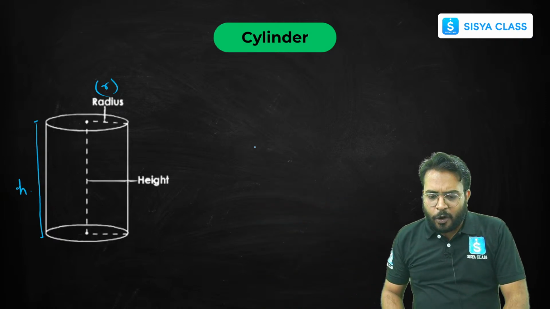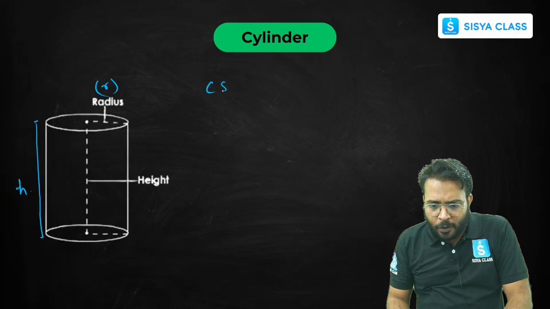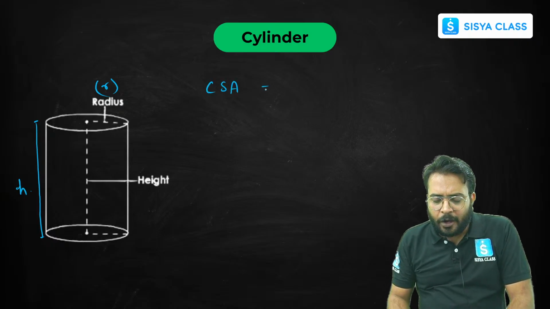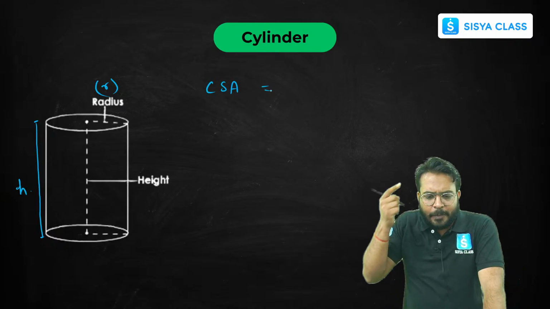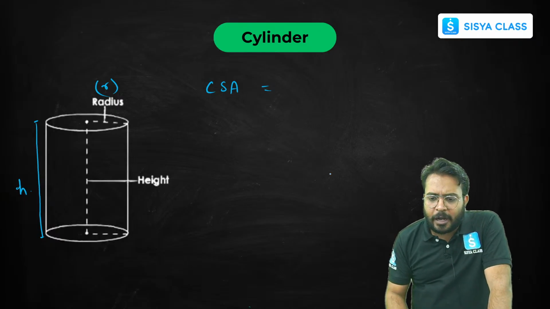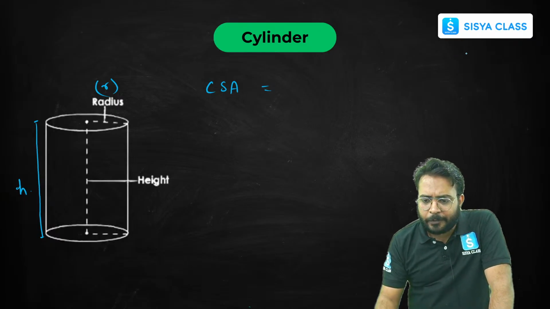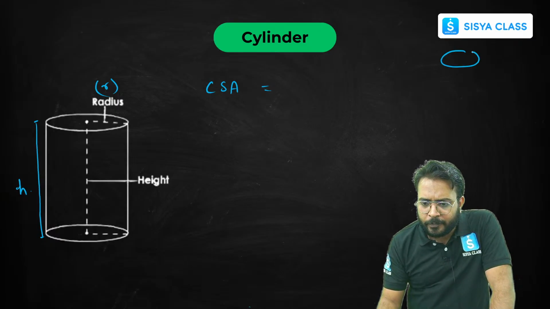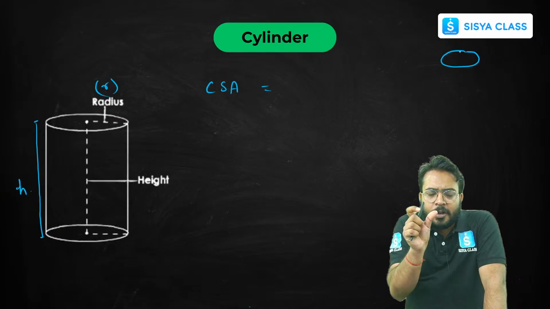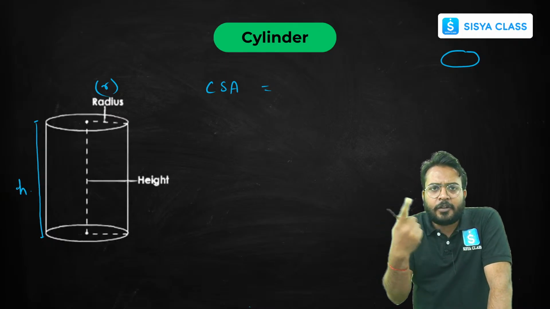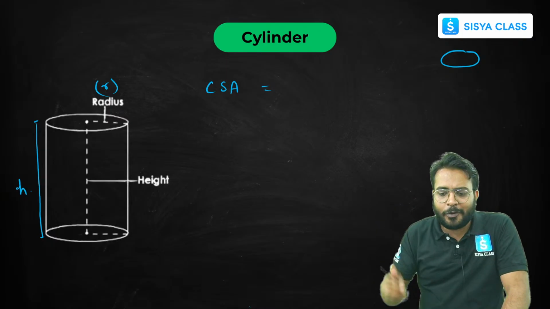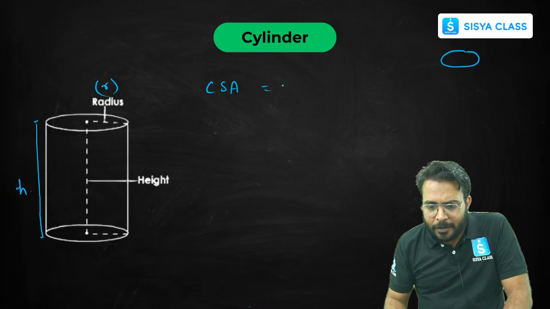Now, see here. If I need to find out the curved surface area, just imagine you have a 2 rupee coin. The circumference of your coin is going to be 2 pi r. Yes or no?